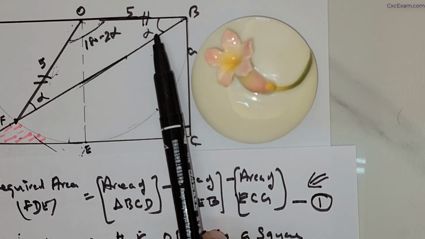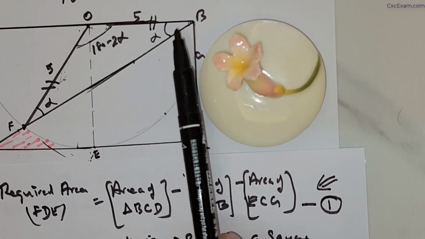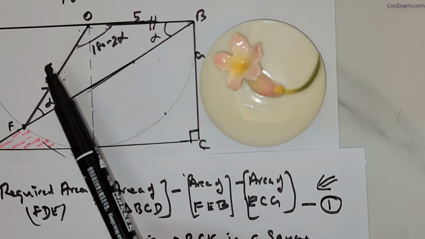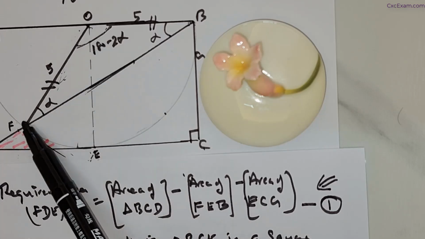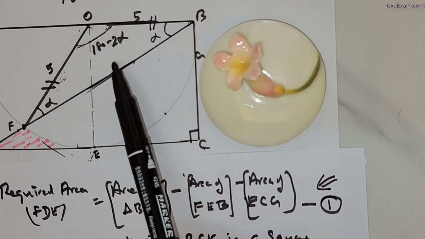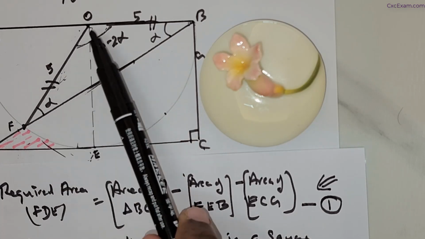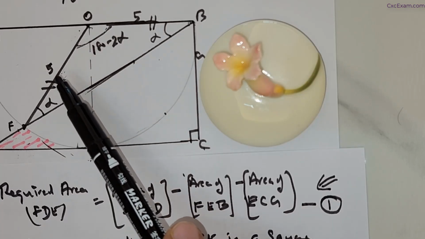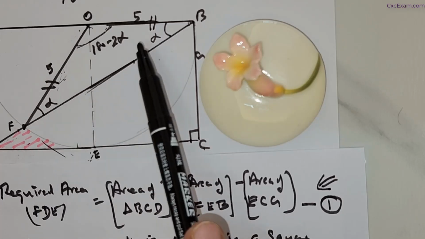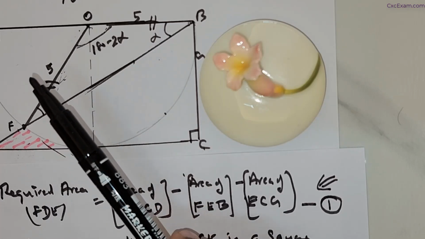Now this is clearly the radius of the semicircle. This is also the radius of the semicircle. So clearly OFB will form a triangle such that OF and OB are of the same length. So this means OFB is an isosceles triangle.